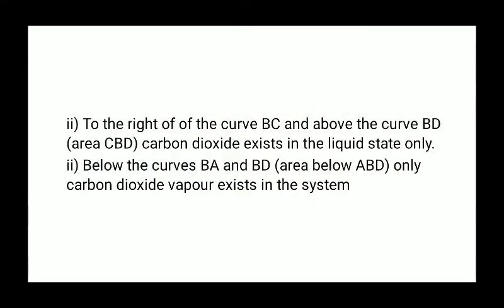To the right of the curve BC and above the curve BD, area CBD, carbon dioxide exists in liquid state only. Below the curves BA and BD, area ABD, only carbon dioxide vapor exists in the system.